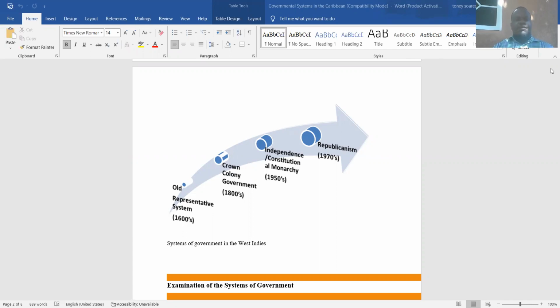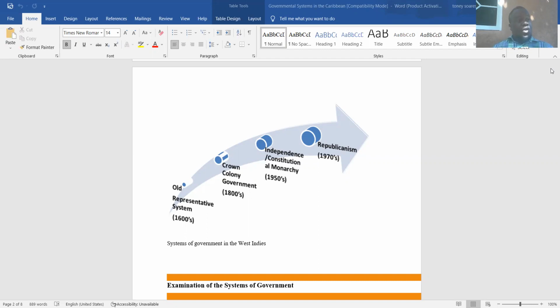Good. So it started first with the old representative system in the 1600s, as you can see on the screen. Then it went on to the Crown Colony government in the 1800s, after which many countries wanted their independence, so they move on to independence while still holding aspects of the crown, and we call that system of government constitutional monarchy.